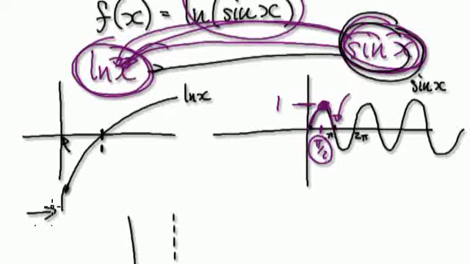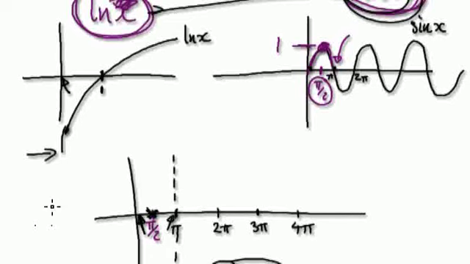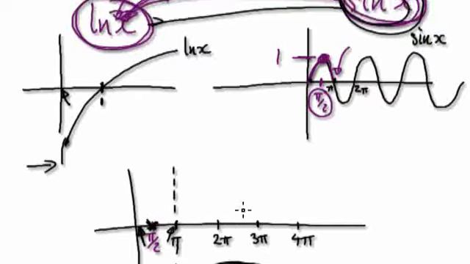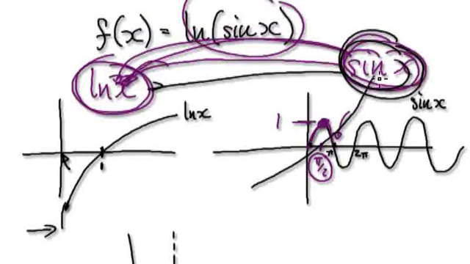Let me just repeat that. When investigating what happens just to the right of 0, because it breaks down dead on 0, look at a number just to the right of 0. Put this into the sine of x, and that will translate somewhere around here, which is also a tiny number.